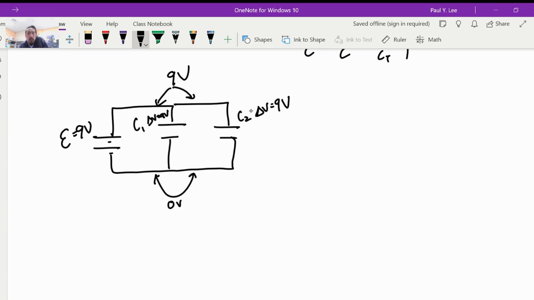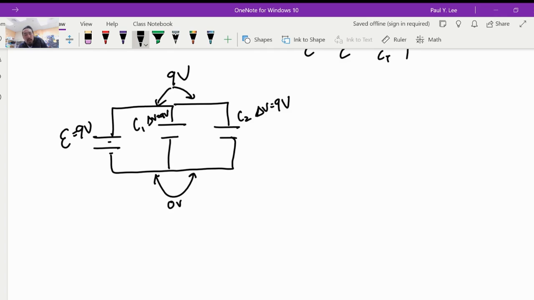Now to come up with the rules here. We learned that as we add more capacitors in series, it got weaker overall, and that's because the voltage was shared. But here, the voltage is not shared. Each capacitor has its own voltage.